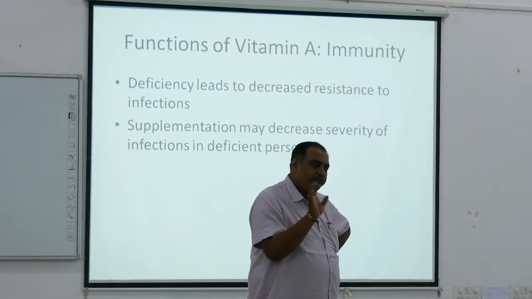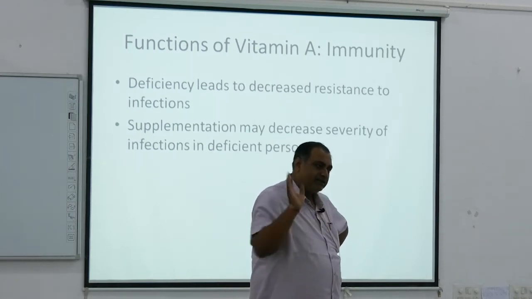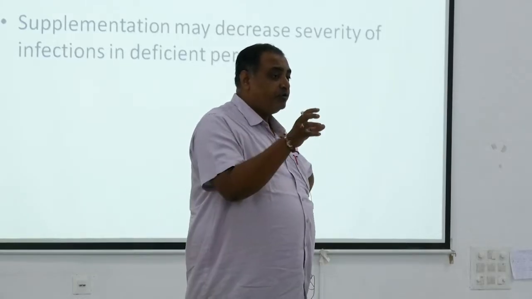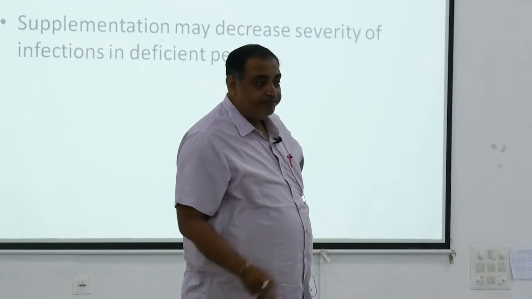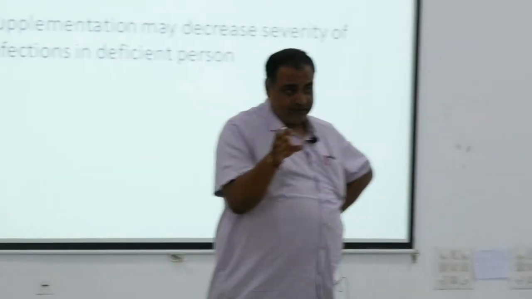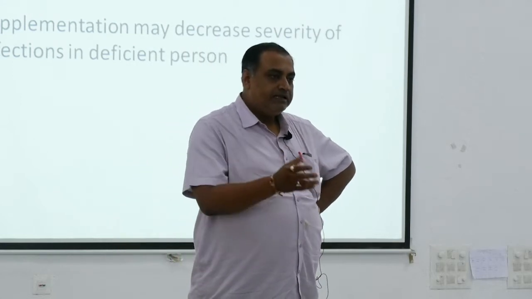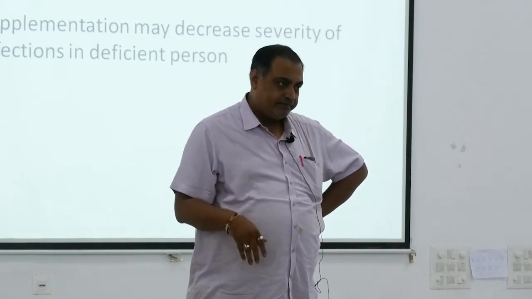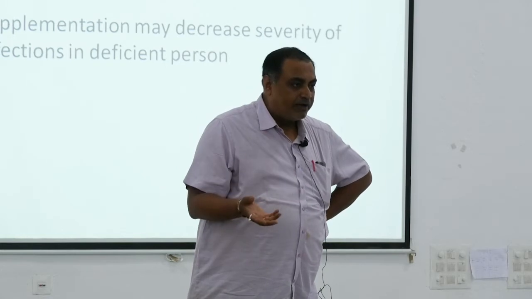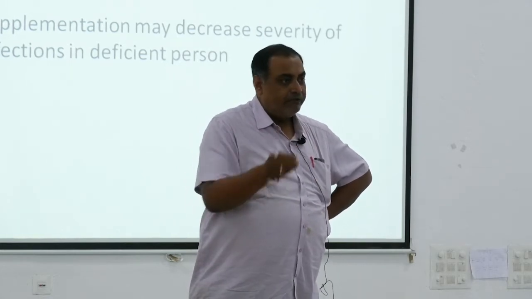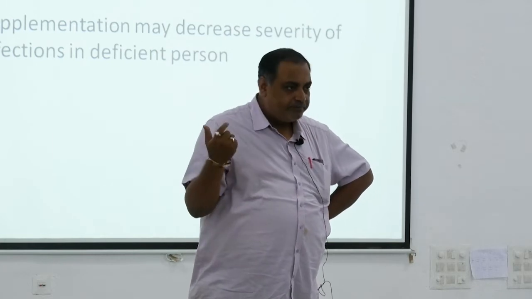Which one will give you better immunity, the B cell or T cell? So which one is more primary? Having T cells or having B cells? B cell can be generated by T cells. So which one is more primary? Having T cells. Correct? If you have T cell, you can generate B cell anytime.